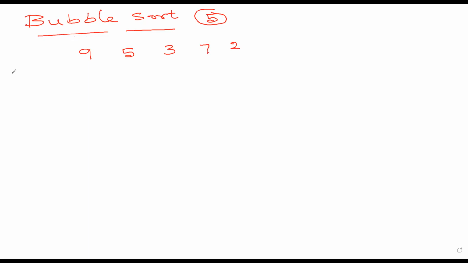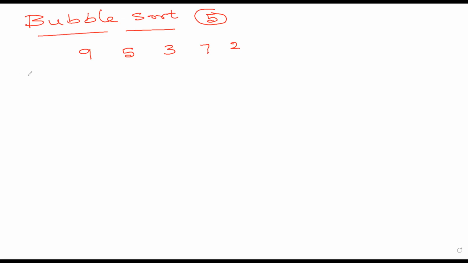In bubble sort technique, we have to compare adjacent elements starting from the 0th index. That is, we are comparing the element present at the 0th index with the element present at the first index. If the 0th position element is less than the element at first position, there is no need to do any swapping.